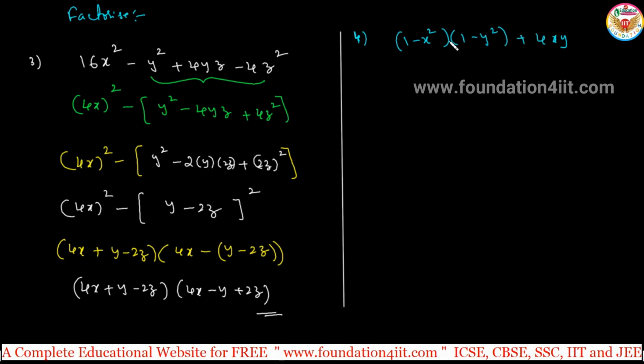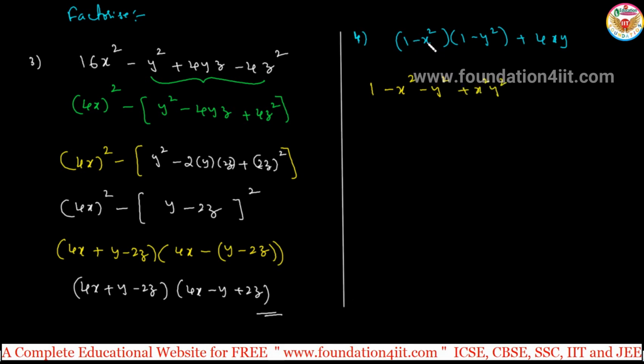So 1 into 1 is 1, 1 into minus y square, individually you can simplify. So minus x square minus y square plus x square y square. Take the first term and multiply both, take the second term and multiply both, plus 4xy.